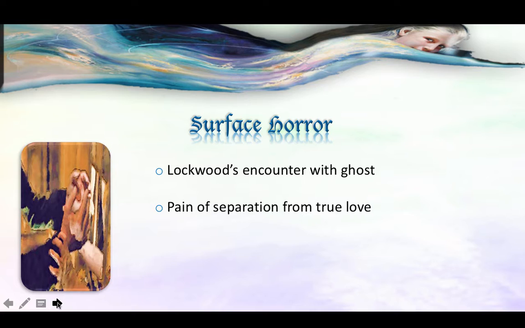Catherine and Heathcliff remain in contact until Catherine dies, delivering her only child, whom Edgar names Cathy. But it's actually Catherine's death that introduces us to a major focus of the novel, which is Heathcliff's lifelong pursuit of Catherine's ghost, which was demonstrated in the clip from the film that we watched before we started this discussion.